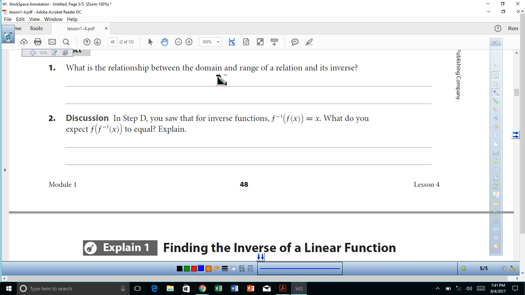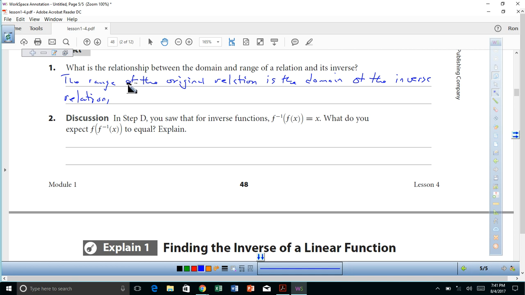What is the relationship between the domain and range of a relation and its inverse? See, the range of the original relation is the domain of the inverse relation.